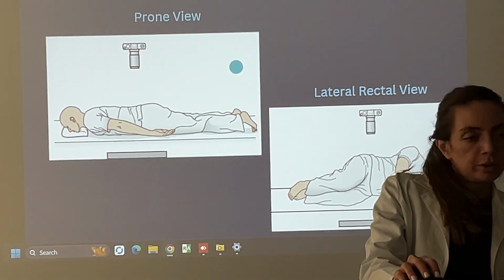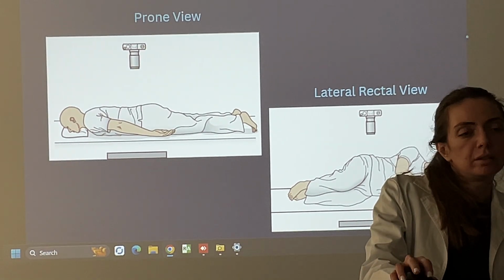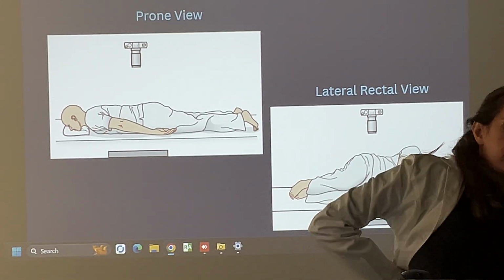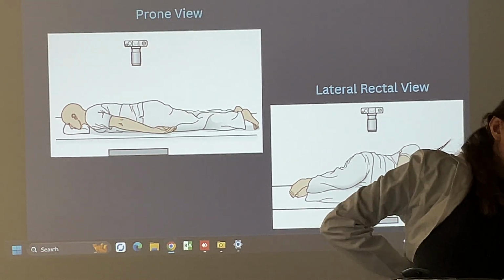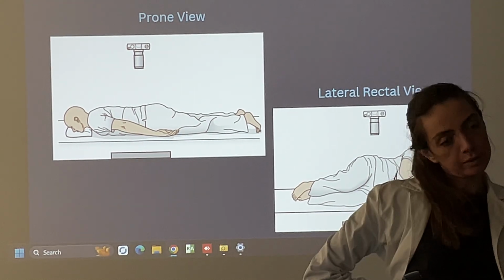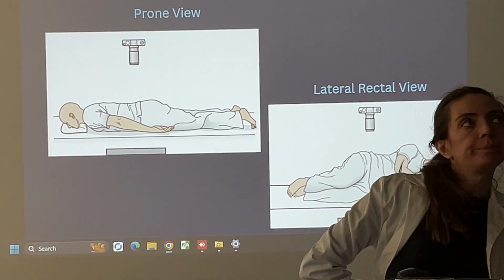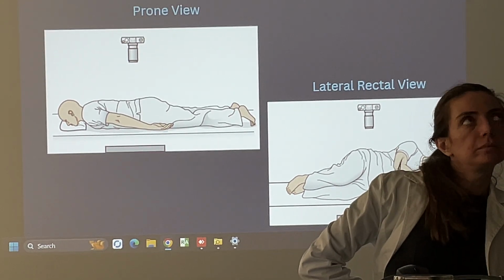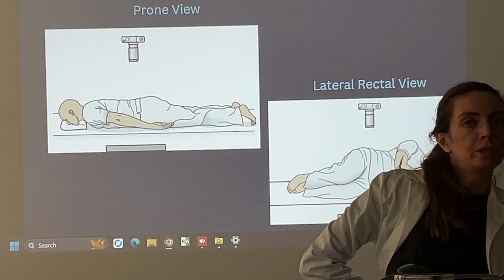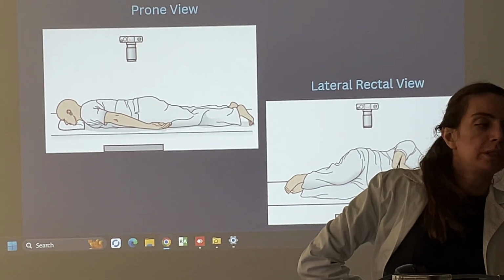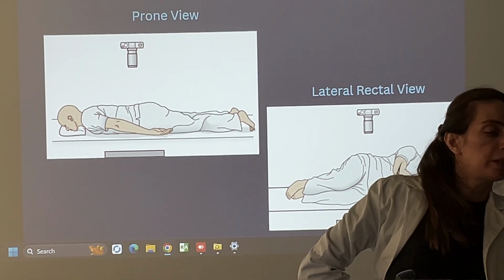Next, we have the prone view. It is good for identifying gas in the rectum or sigmoid colon. Why not the overall gas pattern, but only rectal or sigmoid?